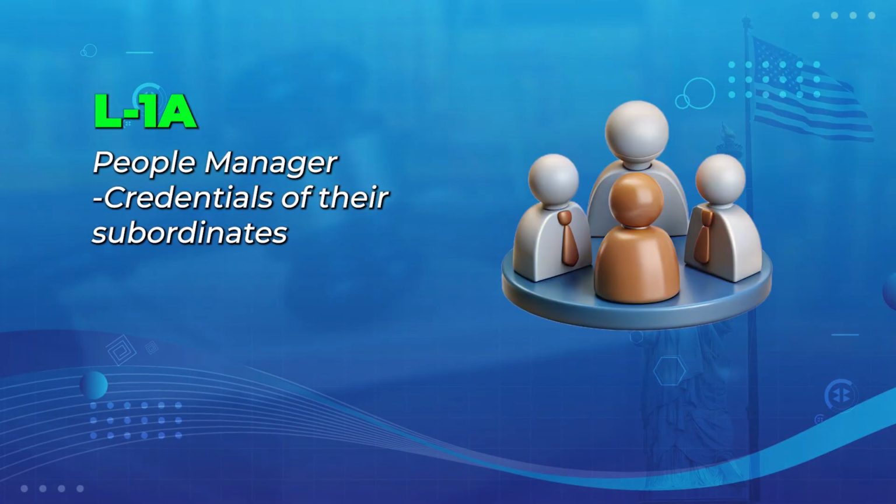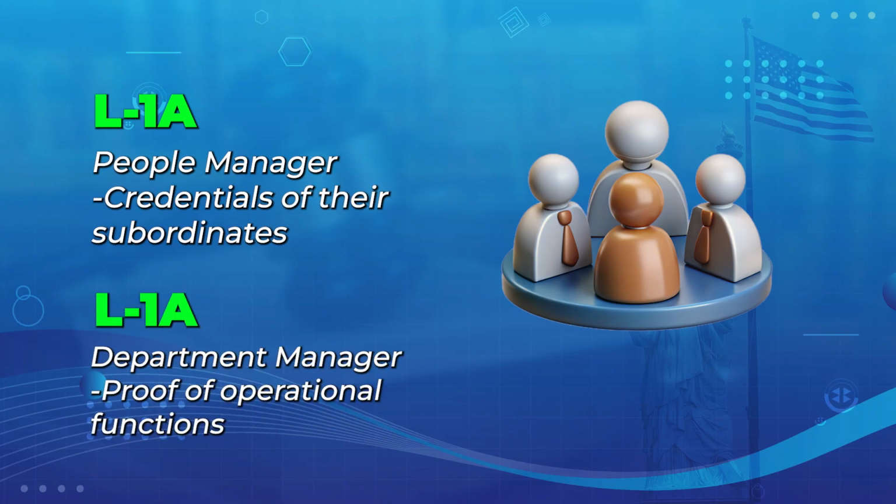The documents that we are able to show for an L1A people manager are the credentials of those people that are subordinate. And for the L1A that is a manager of a department, they would show how that department is critical to the company's operations, and how they're only getting very limited oversight from the company's executives or people above them on the chart, and that they have wide discretion and leeway in making decisions based on their positions.